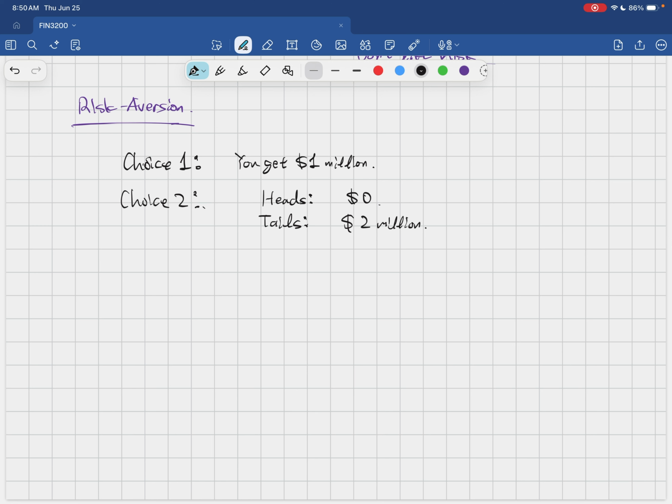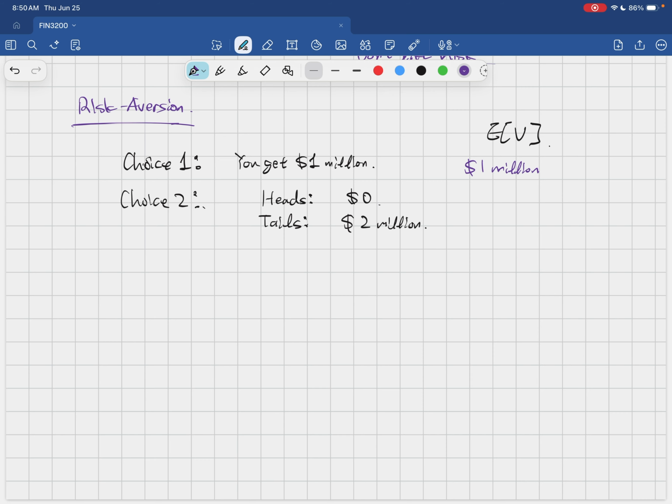So here's the key. You have two choices, and we'll calculate the expected value of each of these games. The expected value of the first game is just 1 million. You get 1 million for sure.